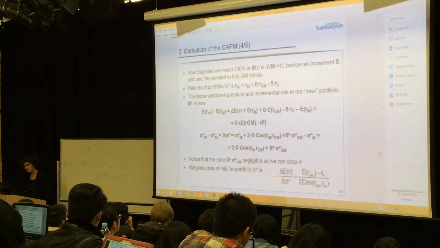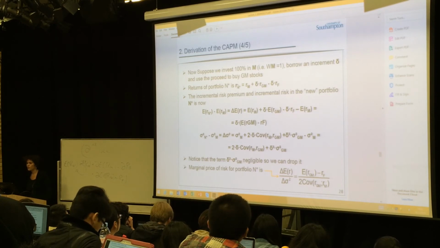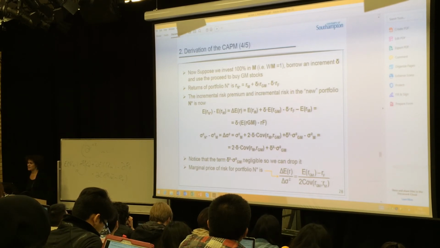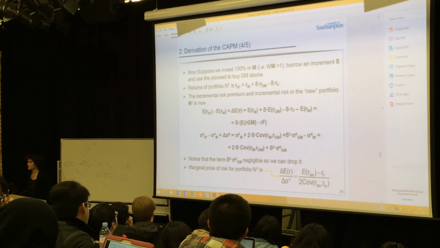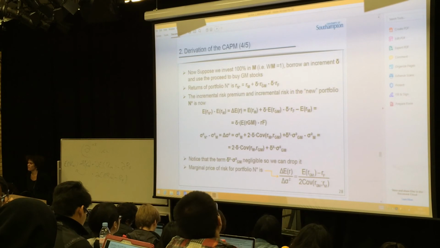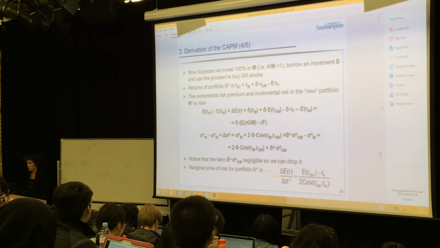So this means that the performance of my new portfolio is going to be equal to the return of the market portfolio plus the tiny quantity that I'm investing in a risky asset GM, minus the money that I borrow.